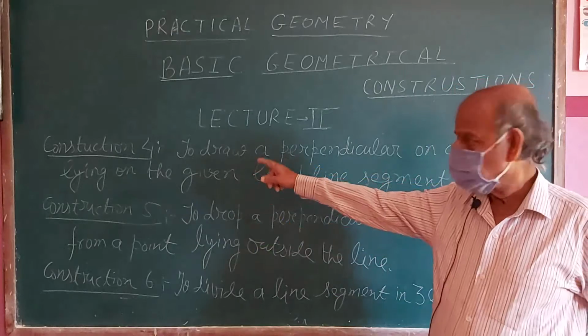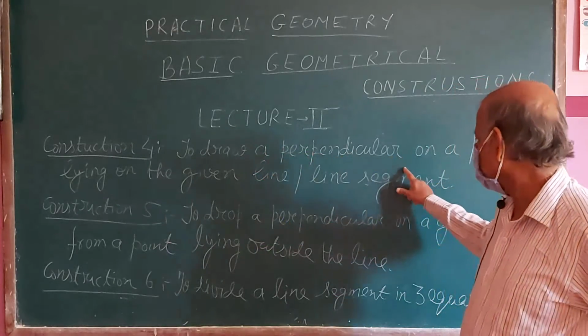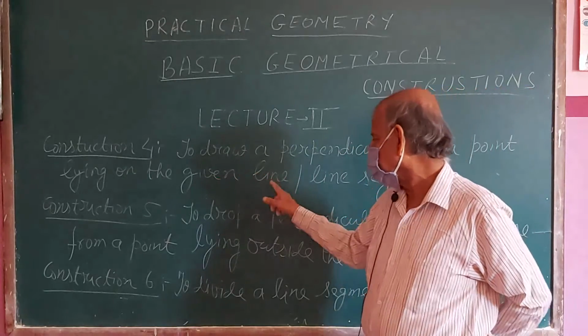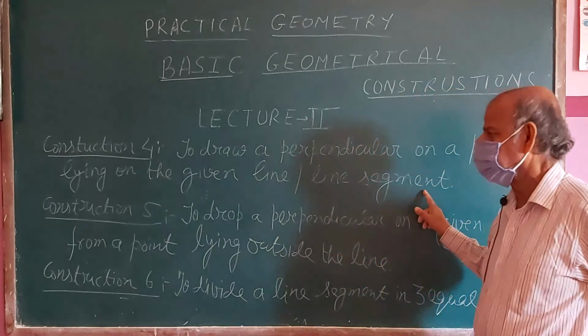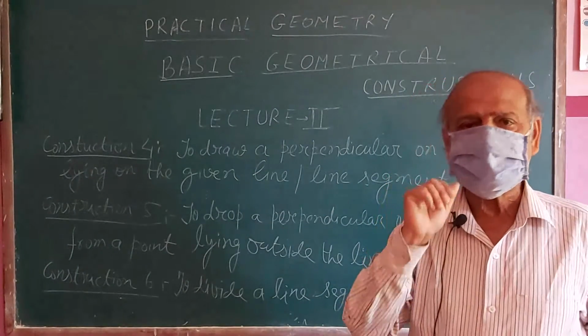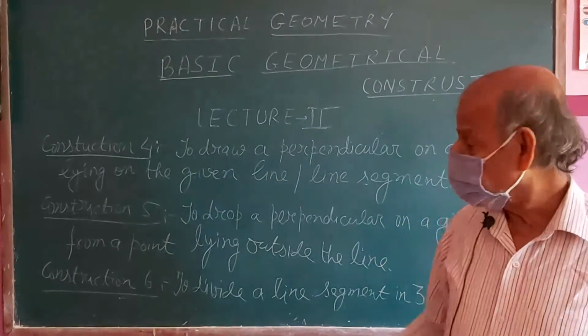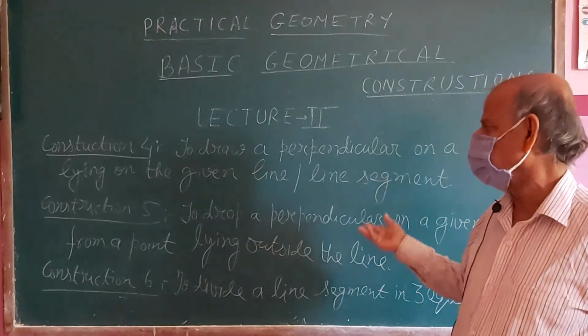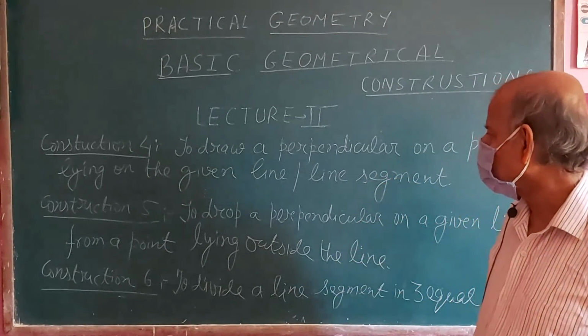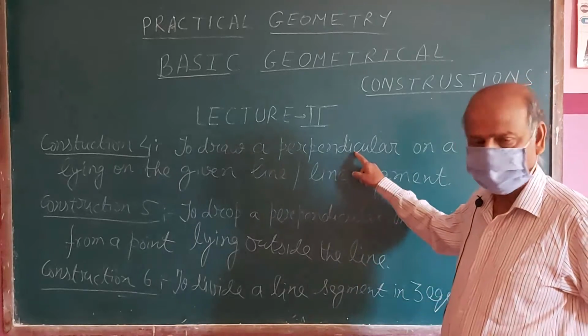Construction 4 is to draw a perpendicular on a point lying on the given line or line segment. That means there is a line segment or line given to you, and you have a point, suppose P, on that line or line segment, and you have to draw a perpendicular on that very point.